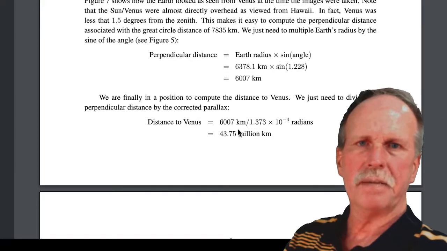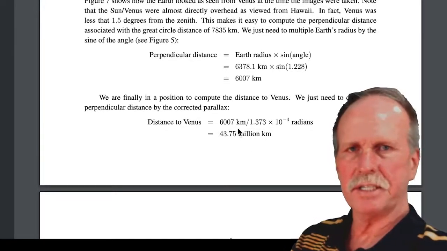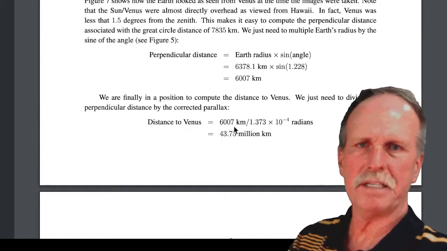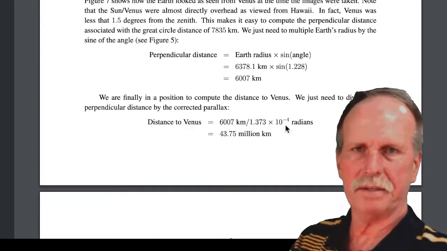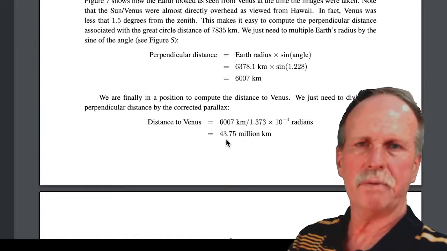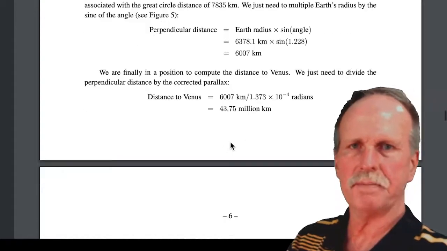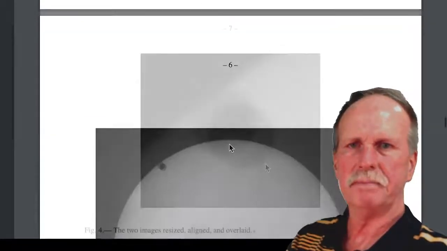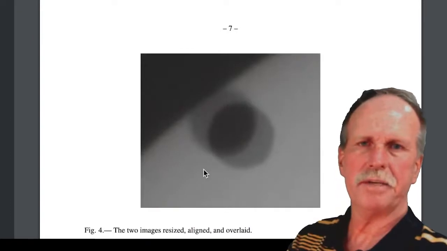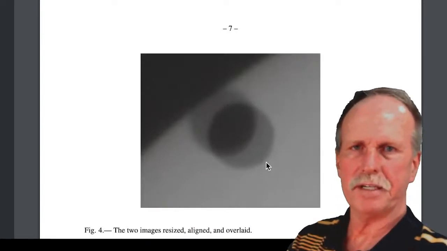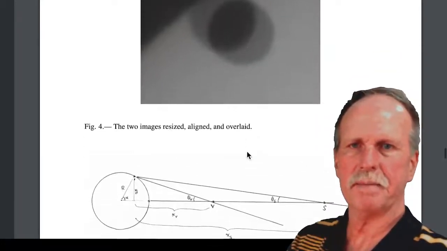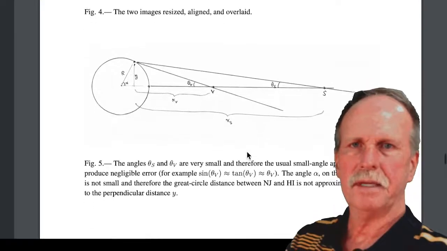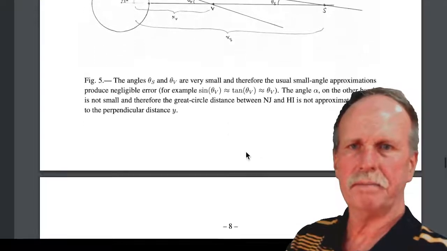With that, he was able to calculate the distance to Venus by taking the base distance divided by the parallax angle. And that gave him 43.75 million kilometers. And by the way, here's a nice image of the overlapped Venuses. So he took the center here to the center here, counted the pixels, and that's how we got the mathematics. And here's an outline of what he did.